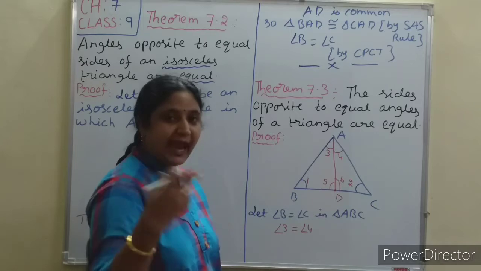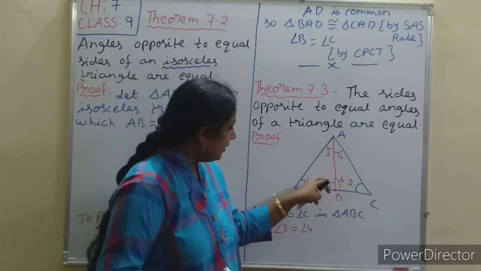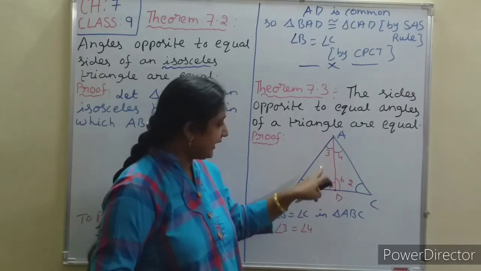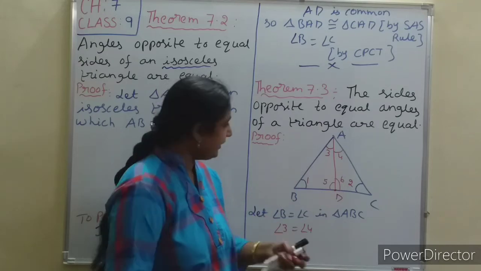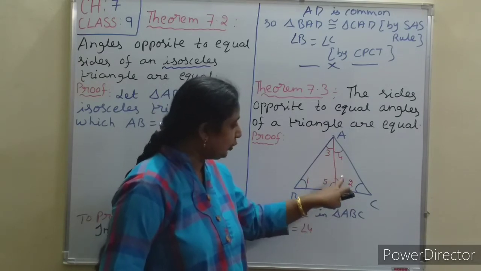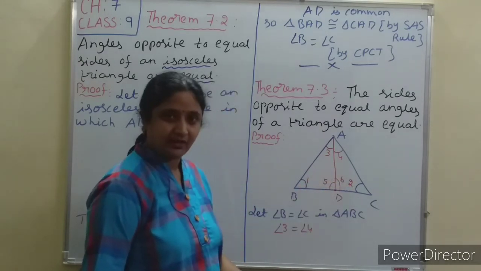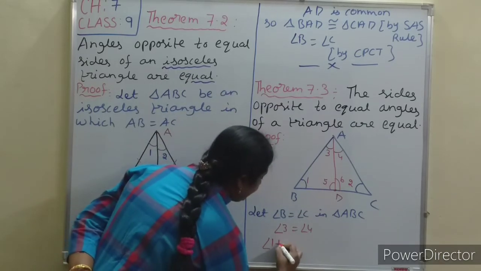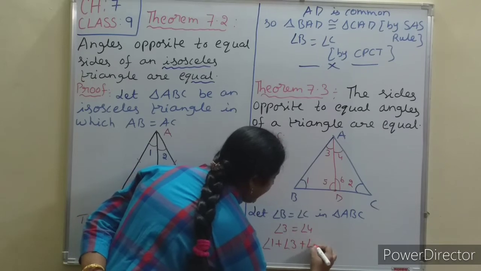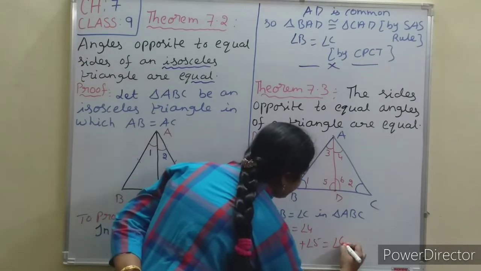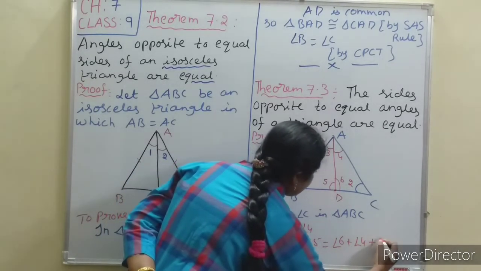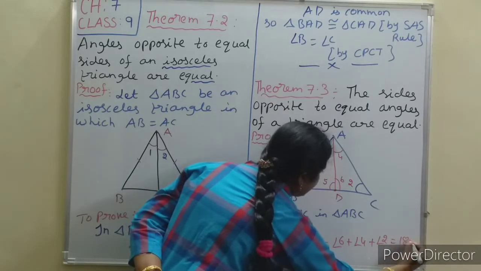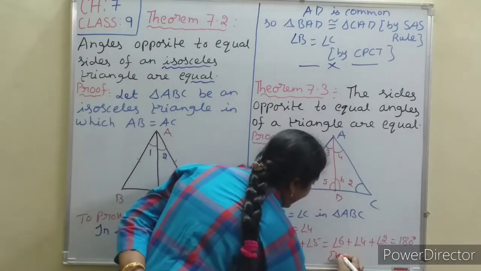By using the angle sum property, angle 1 plus angle 3 plus angle 5 is 180 degrees, and angle 4 plus angle 2 plus angle 6 is also 180 degrees. That I am going to write here: 1 plus 3 plus 5 equals 6 plus 4 plus 2 equals 180 degrees, by angle sum property.